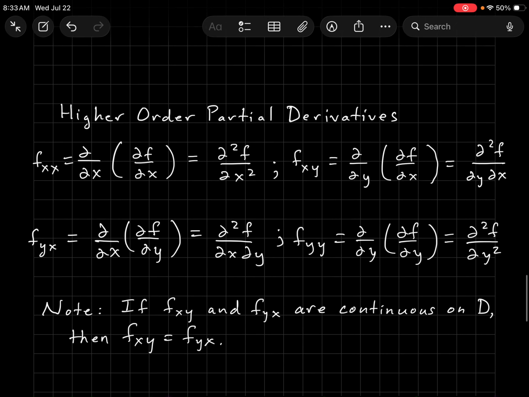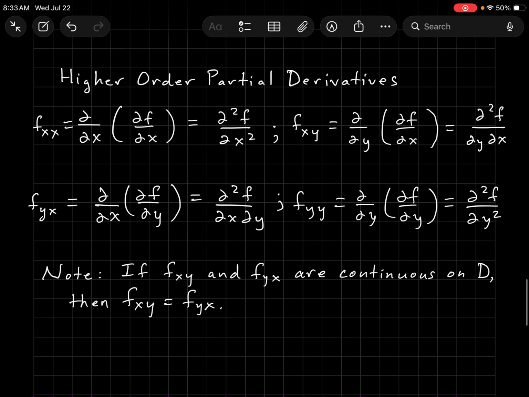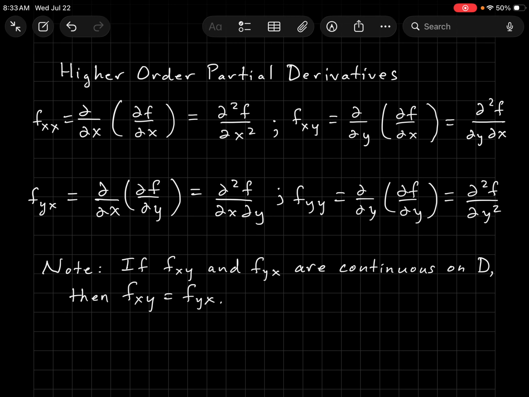Very briefly, let's look at the notation for higher order partial derivatives. The first notation, f subscript xx, says take the derivative with respect to x and then with respect to x again. The other notation, remember that we start inside parentheses and work our way out.